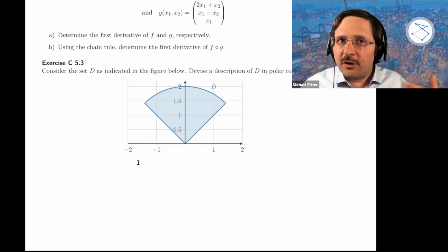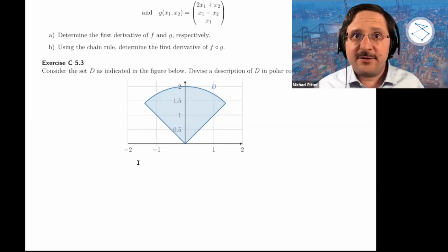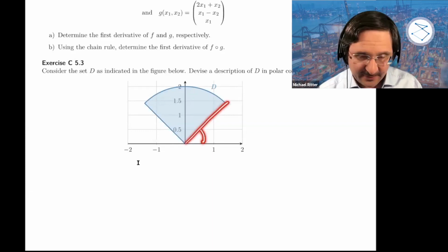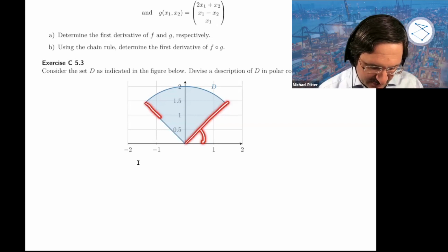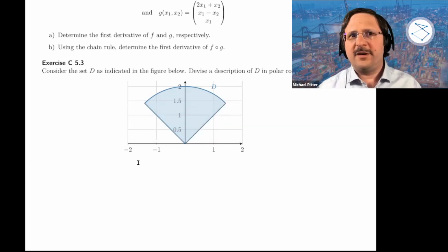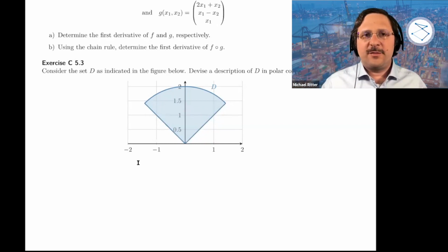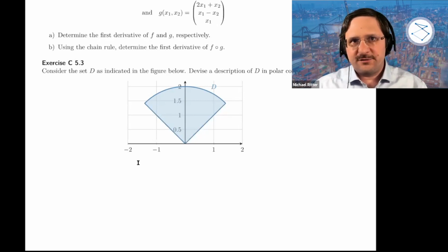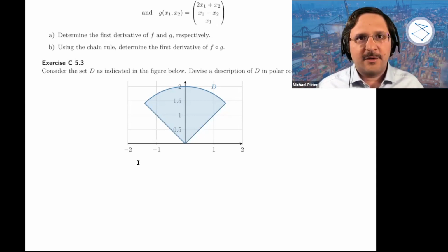So any radius below that bound will also do. The same is true for the angle. Every point above this angle is included in D up to this upper bound angle. So basically the radius is bounded below and above, and the angle is bounded below and above. We just have to define those bounds, and then we're good.